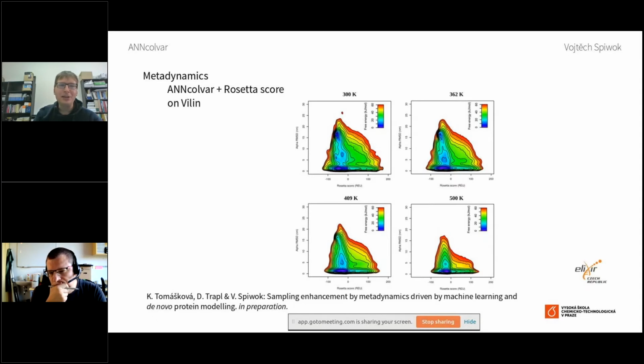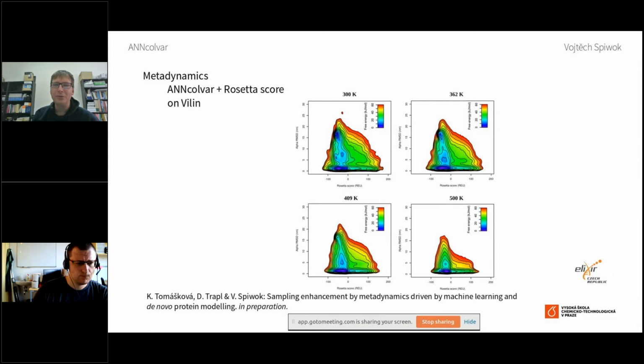So again, we generated large samples of structures of the protein. We approximated their score by the Rosetta package, and then we used Anncolvar to approximate it via a neural network on the fly during the metadynamics simulation.